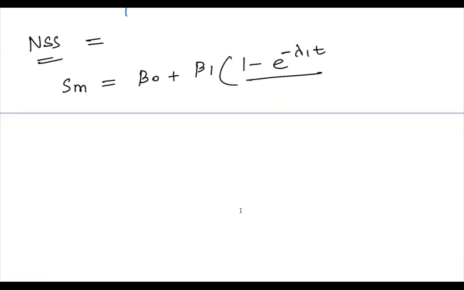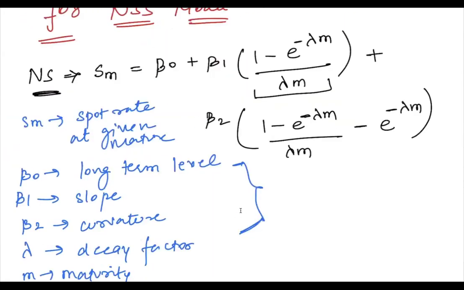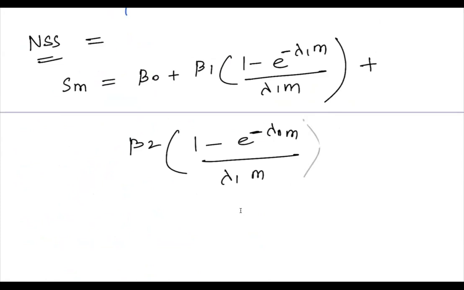The Nelson Siegel Svensson formula is the same as: S m is equal to beta naught plus beta 1 times (1 minus exponential of minus lambda 1 m) divided by lambda 1 m, plus beta 2 times (1 minus exponential of minus lambda 1 m) divided by lambda 1 m, minus exponential of minus lambda 1 m.